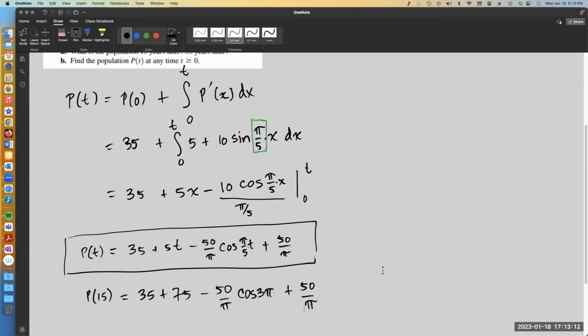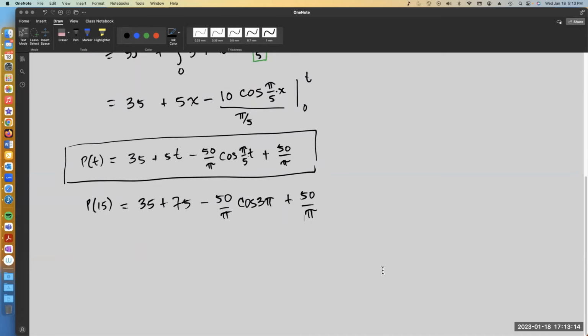So remember your unit circle. You want to have those down pat. Thinking of our unit circle, 1 pi is right there, 2 pi is right there, 3 pi pops us right over to there. Cosine is the x value, and the x value at that point is negative 1. Good. So our P of 15 is going to be, what's 35 plus 75? That's 110.